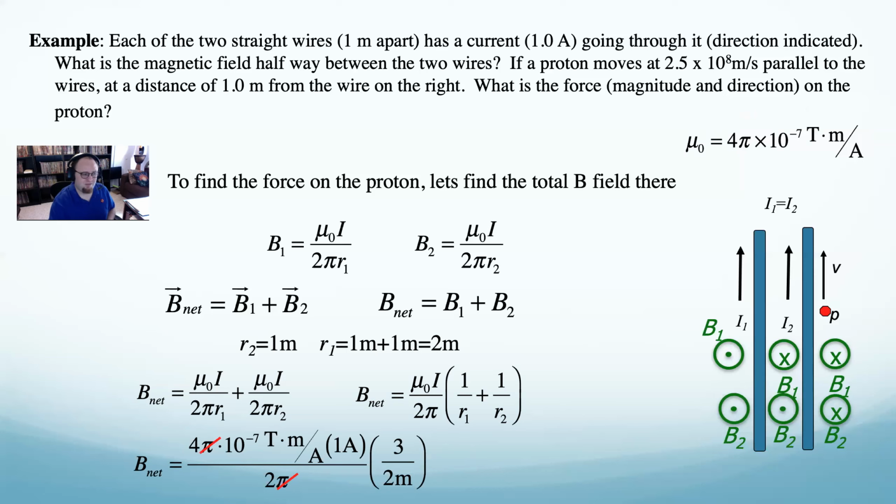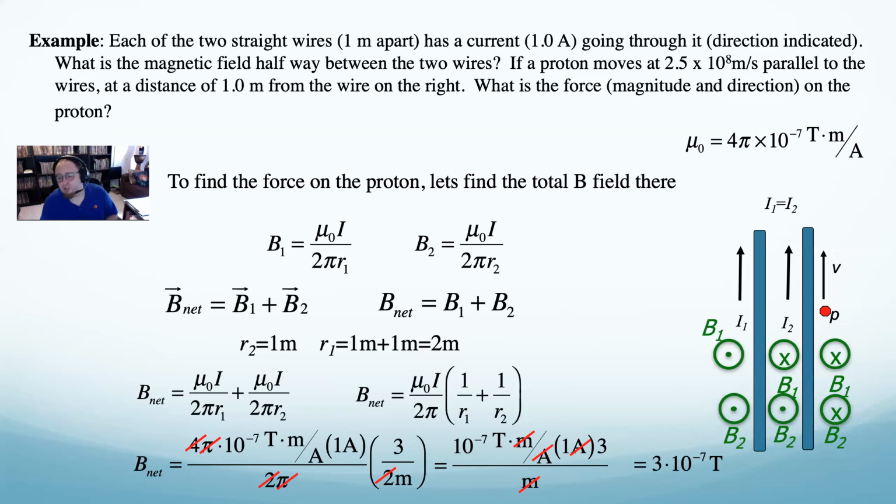My pi's cancel. I got a 4 on top and a 2 in there and a 2 over there, so I can cancel out my 2's, leaving me with some units that cancel. And it's 3 times 10 to the negative 7 Tesla. No calculator even needed.